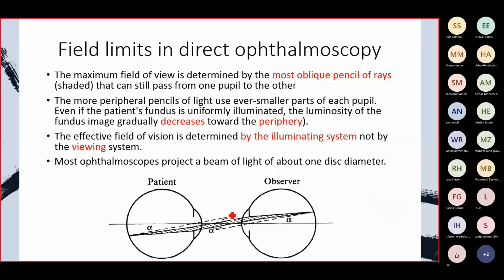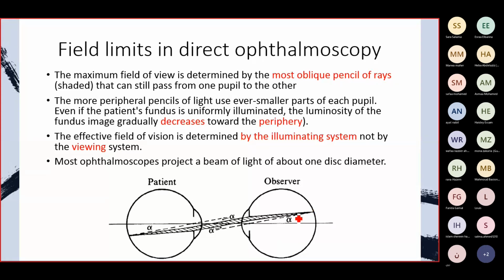Okay, so why does the direct ophthalmoscope have a limited field of view? Because the illumination of the direct ophthalmoscope cannot pass beyond a small limit here because of the limiting effect of the pupil. So if, one way or another, we can illuminate a larger area, I can observe a larger area.